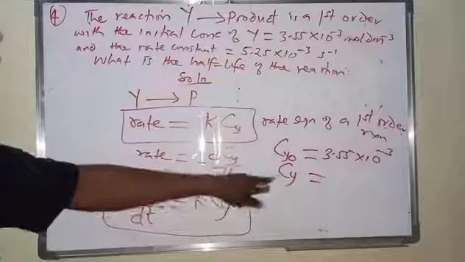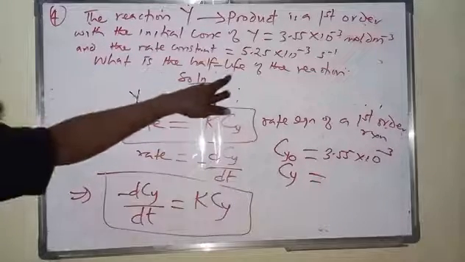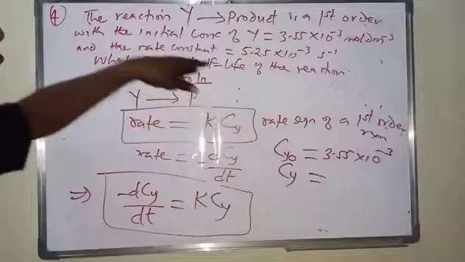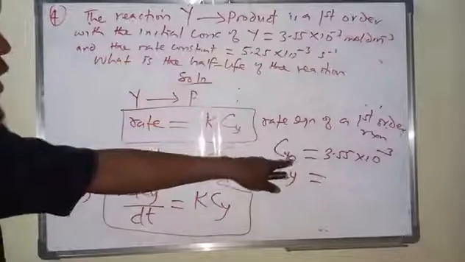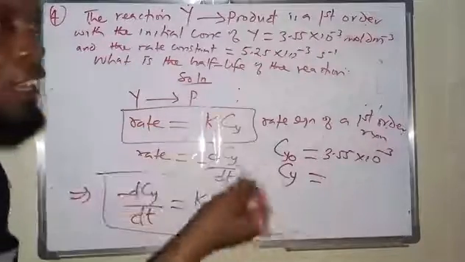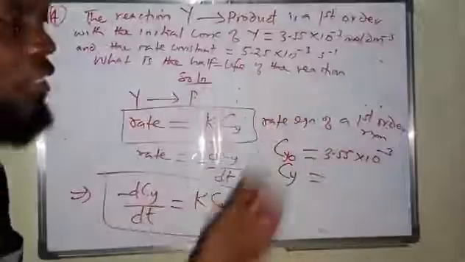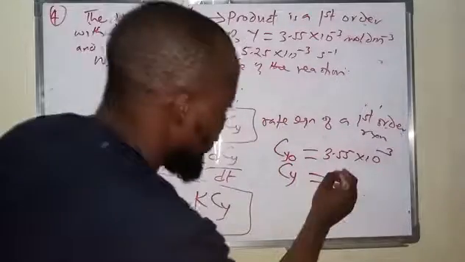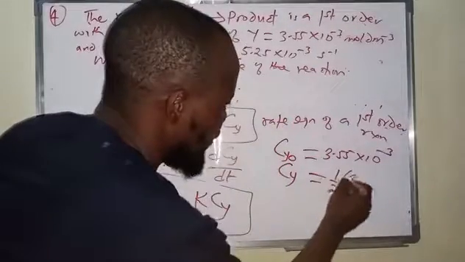But in this case, if I want to determine the half-life, it means the time at which this initial concentration would have halved, which means it will be a half of this.